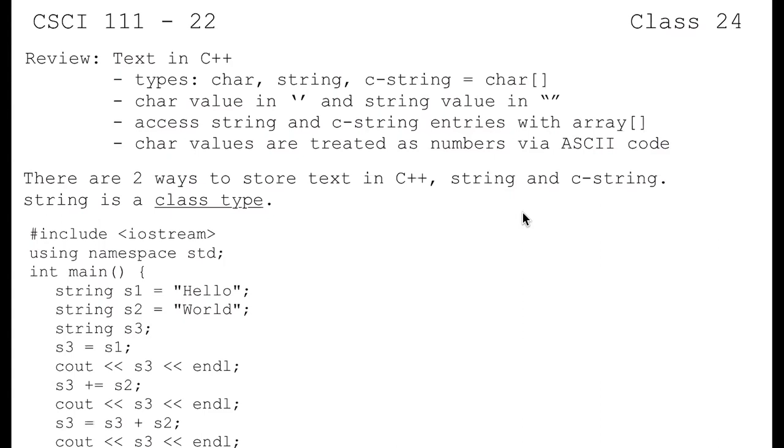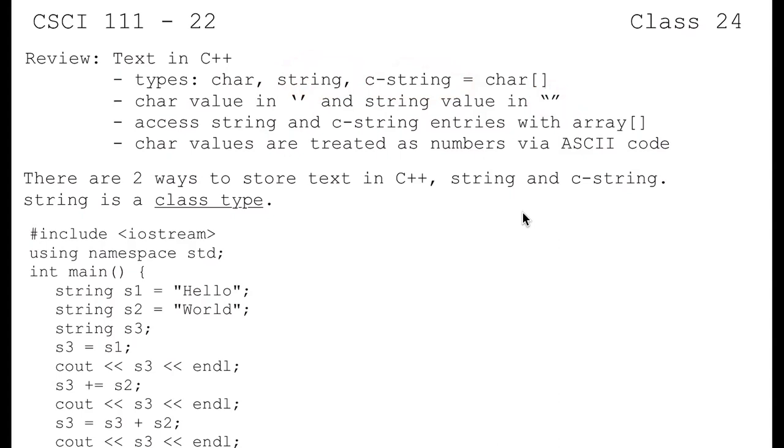So last class, we talked about different types we can use to store text in C++. One is the char to store one single character, and that will be in single quotes. And for strings and C strings, we can use them to store a sequence of characters. The string value will be stored in double quotes.